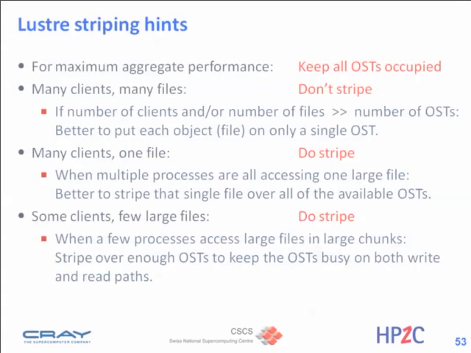So, as I said before, if you want to improve the aggregate performance, you need to use as many OSTs, as many disks as possible. But if there are many clients, many programs writing to many files, then maybe it's not worthwhile doing this, because anyhow, you have a lot of disk accesses coming from different sources, and this is not going to provide you any benefit.